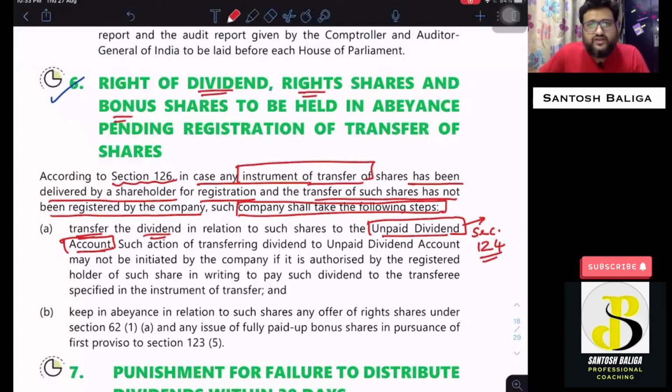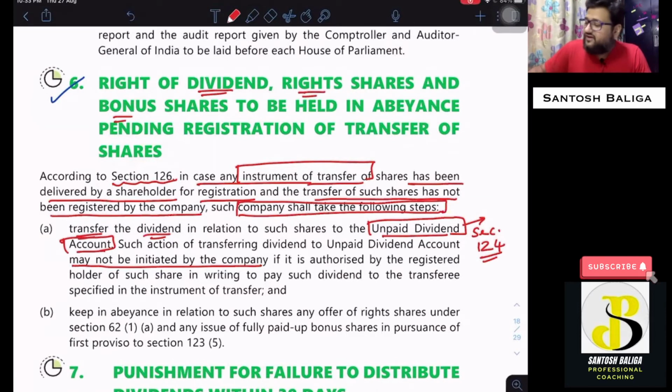So please go through the next lecture also very carefully. So transfer of dividend to unpaid dividend account. Such action of transferring dividend to unpaid dividend account may not be initiated by the company. That means the normal process is to transfer the dividend to unpaid dividend account.